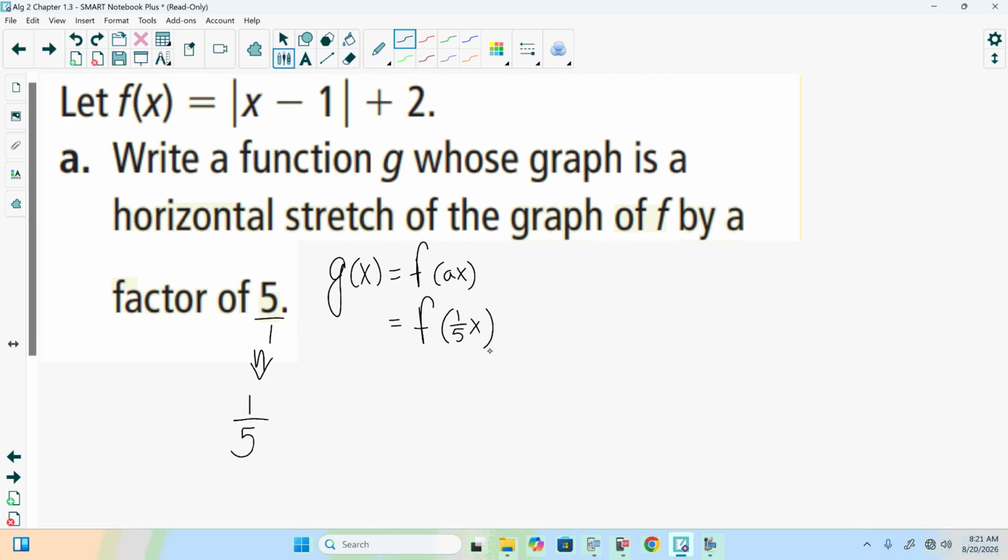We will not talk about it the rest of the semester or the rest of the year. Not so much that it's difficult, it's keeping track of this flip that gets everybody confused, and it's weird. Questions on how we got here? Since we don't have f of x anymore, we have f of 1/5 x. We've got to replace every x in the function with 1/5.